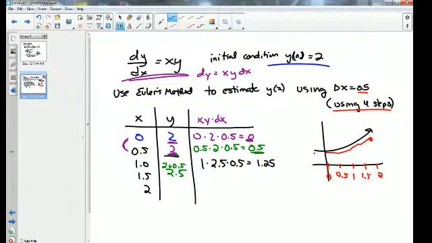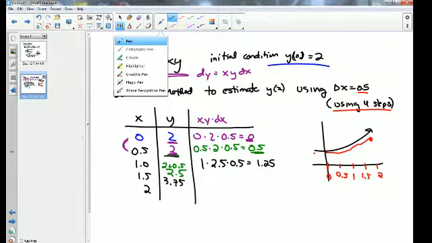So what's my new value here? Yep. And then you do it one more time, you're going to get your approximation for 2.